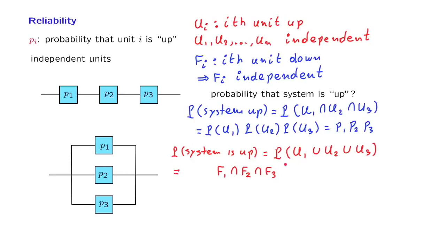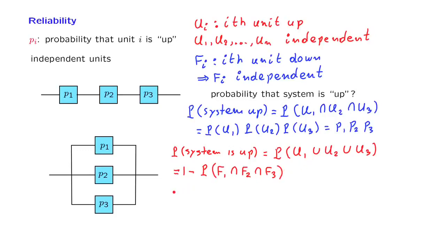What is the relation between this event and the event that we have here? They are complements. Why is that? Either all units fail, which is this event, or there exists at least one unit which is up. So, since this event is the complement of that event, this means that their probabilities must add to 1, and therefore we have this relation.